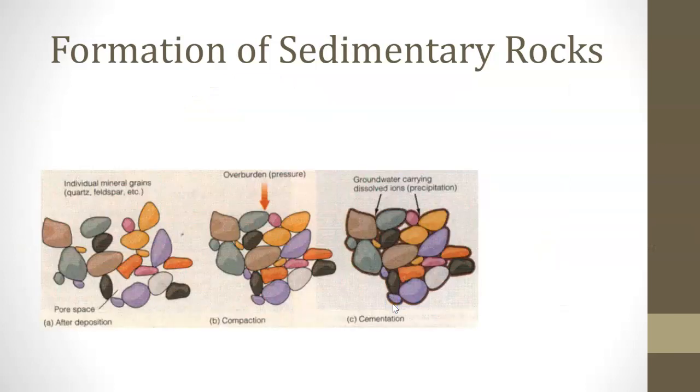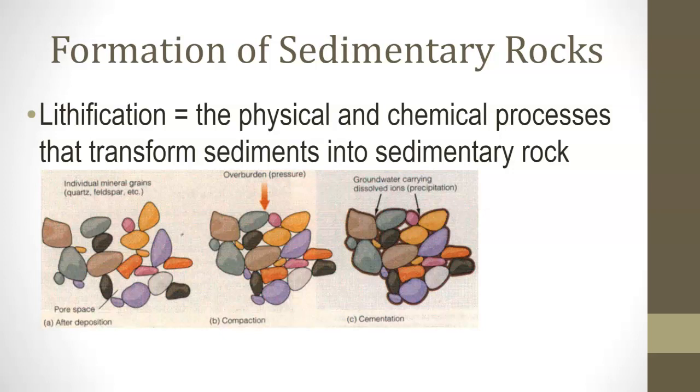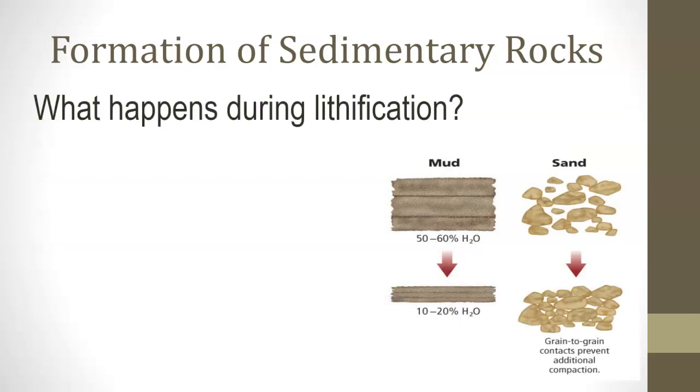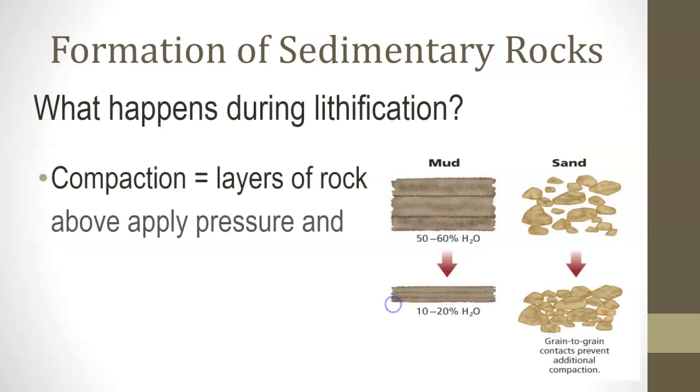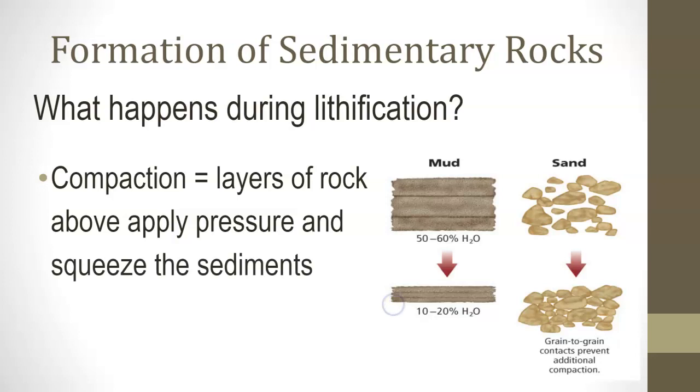I want to talk a little bit more about those final steps. When you're actually taking the sediments and turning them into a sedimentary rock, the process is called lithification. That's the fancy scientific term for turning sediments into a solid rock. And it's really made up of two steps. The first step is compacting the sediment. So you're applying some kind of pressure.